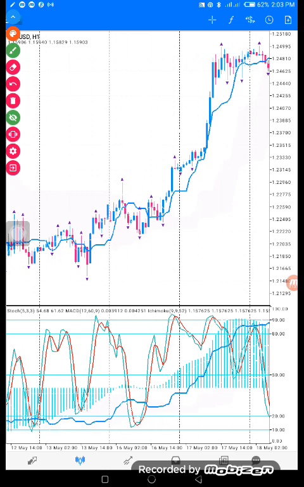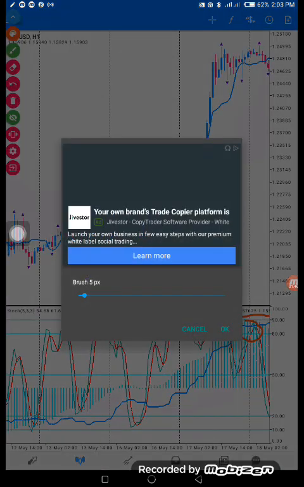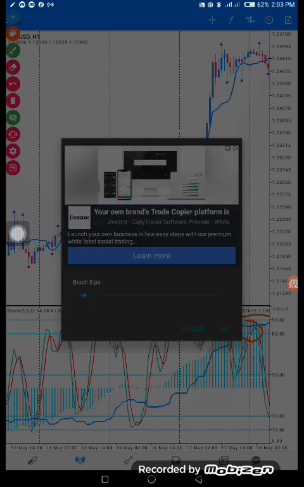You get it. And going forward, we also have this: when the Ichimoku is in the overbought area, you're looking for a stochastic crossover here to enter your trade.